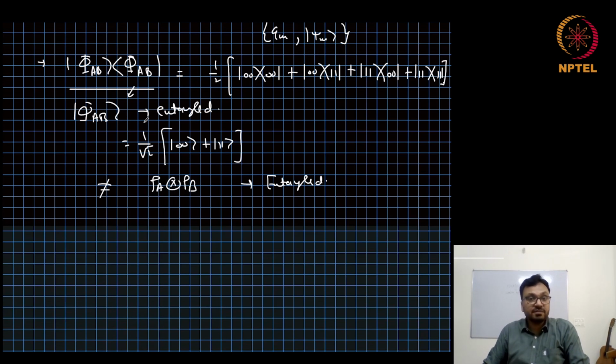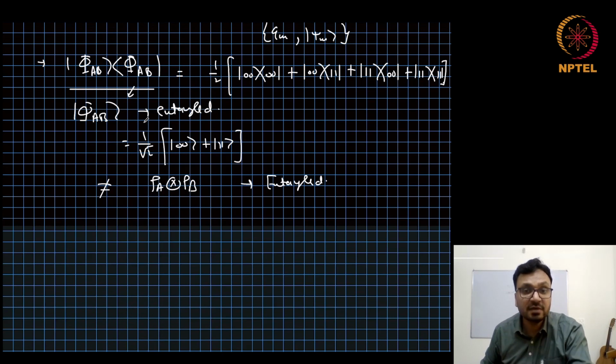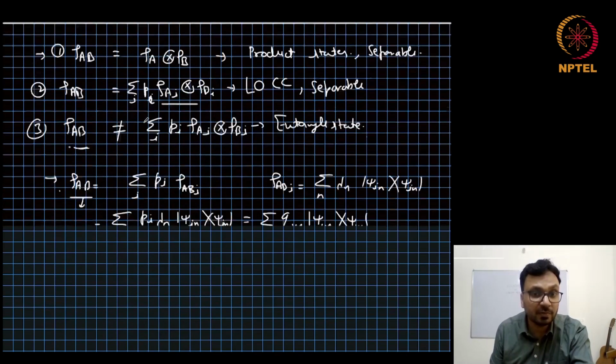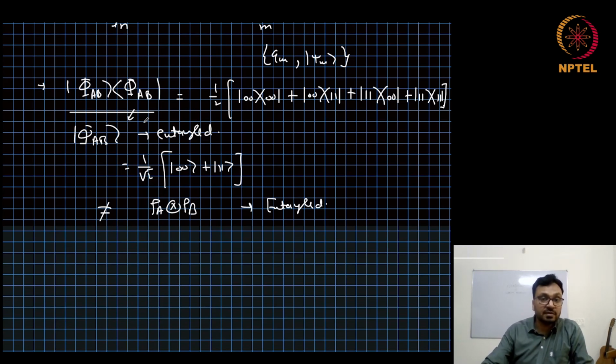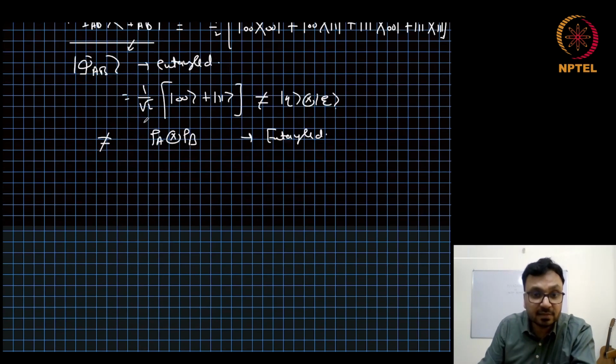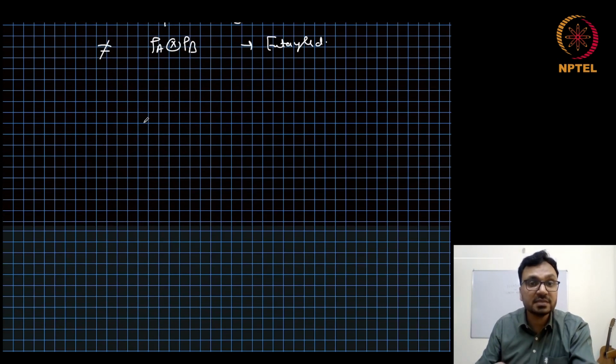The unique separable state decomposition for such cases would be the product form, rho A tensor rho B. Hence, phi AB can only be written as rho A tensor rho B if at all. And as we know from our pure state experience that this cannot be written as some eta tensor xi, hence the density matrix corresponding to the pure state cannot be written as rho A tensor rho B. In this way, we have an example where the state does not possess a separable decomposition.